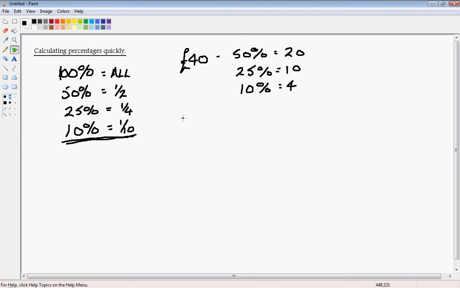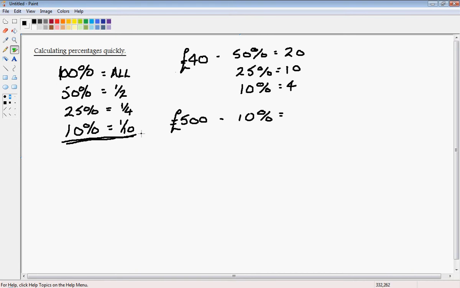So let's take another number. Let's say we have £500 and they ask what's 10% of £500. So we're dividing 500, remember, by 10.